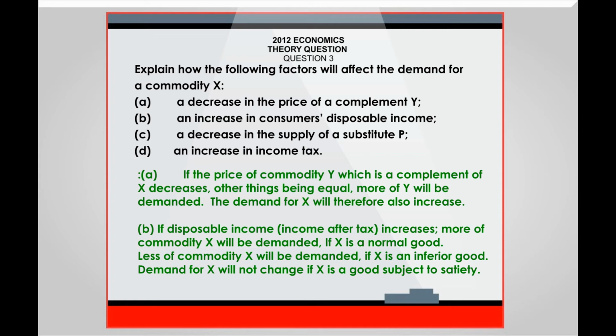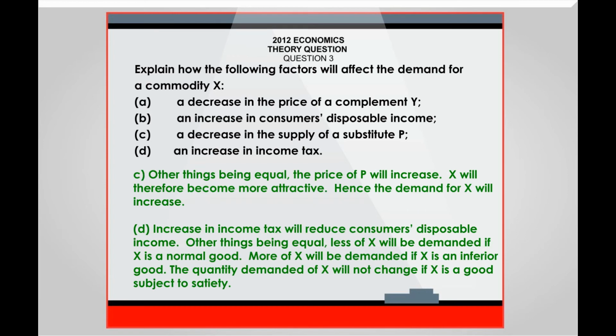Less of commodity X will be demanded if X is an inferior good. Demand for X will not change if X is a good subject to satiety. C. Other things being equal, the price of P will increase. X will therefore become more attractive, hence the demand for X will increase.